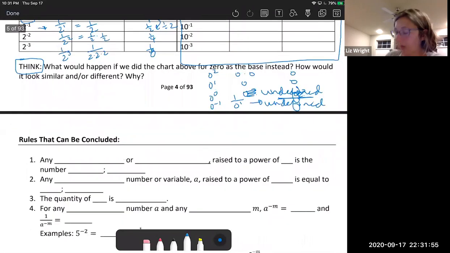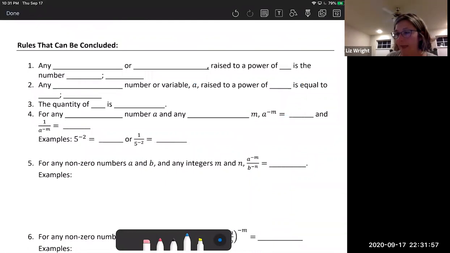All right, so then we've got our rules that can be concluded from that.